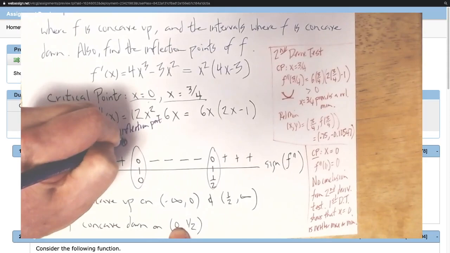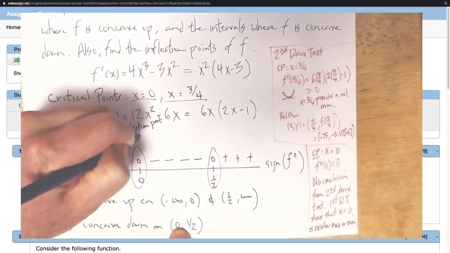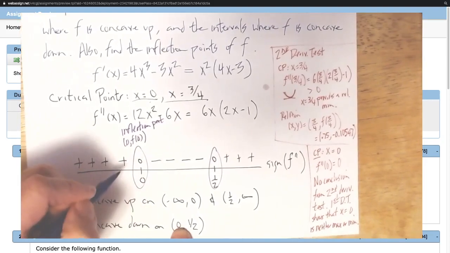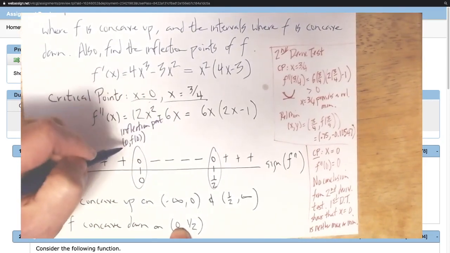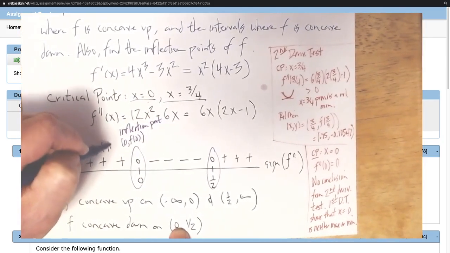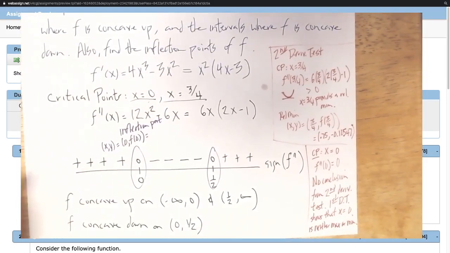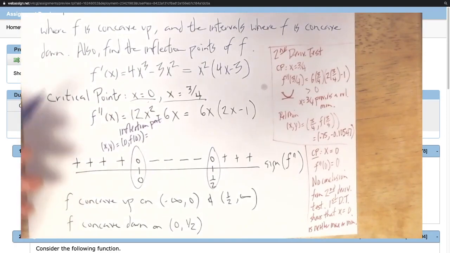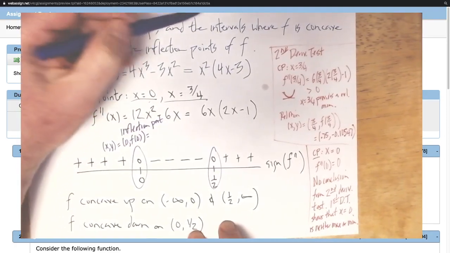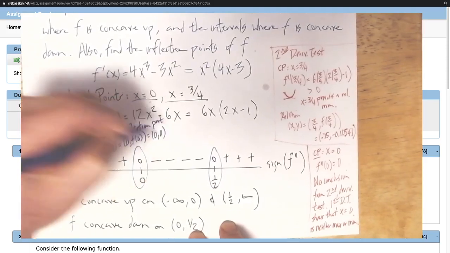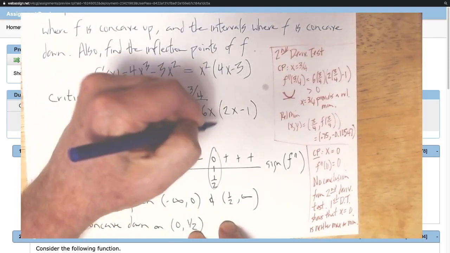It'll be 0 comma f of 0. Again, you plug the x value where the concavity changes back into f to get the y value, and this is the way WebAssign usually will ask for your response: 0 comma f of 0. If you plug 0 back here into f, you see that you get 0. So one inflection point for this graph is 0, 0.